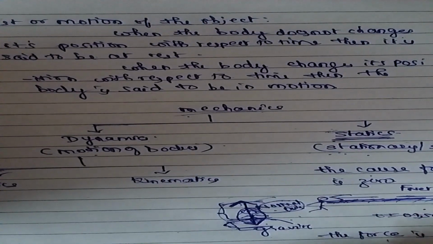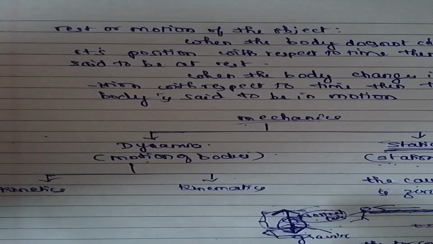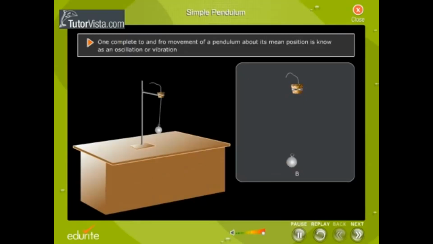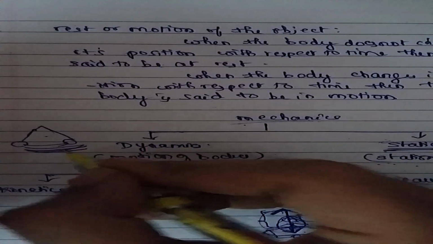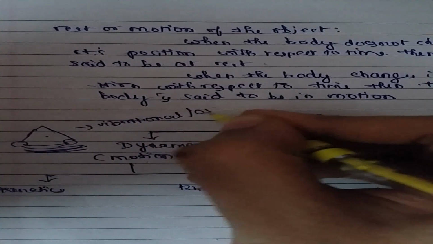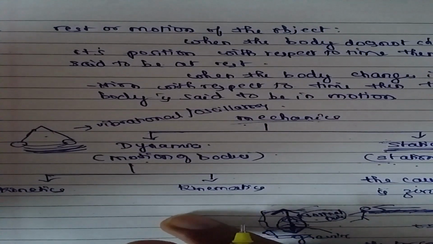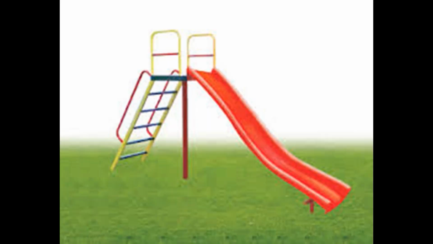As we already know, there are different types of motion, so we need to know what they are. For example, if you consider a simple pendulum, it oscillates, goes like this and comes back. This kind of motion is called vibrational motion or oscillatory motion. Next, consider an object on a slider, moving in one direction, a motion in a straight line.